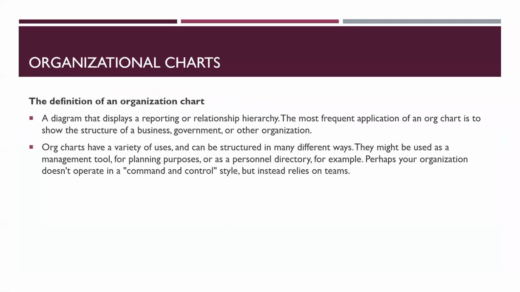So what is an organizational chart? An organizational chart is a diagram that displays a reporting or relationship hierarchy. The most frequent application of an organization chart is to show the structure of a business, government, or other organization.